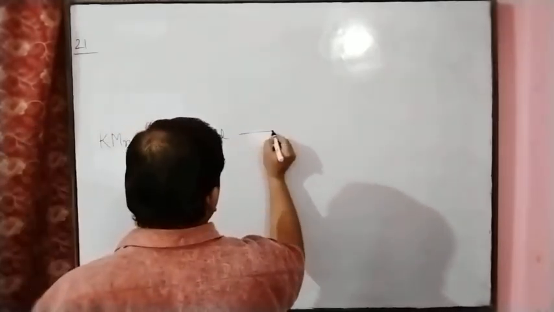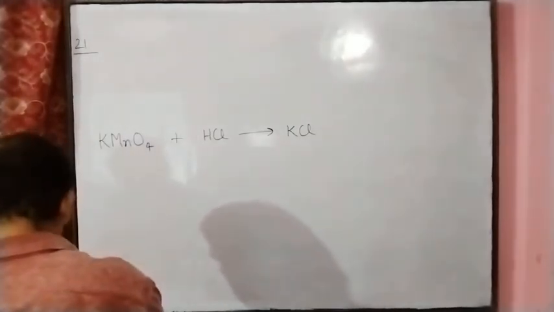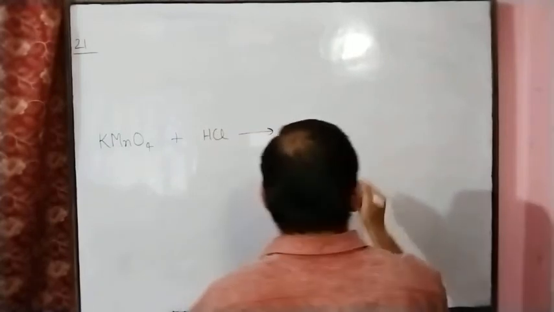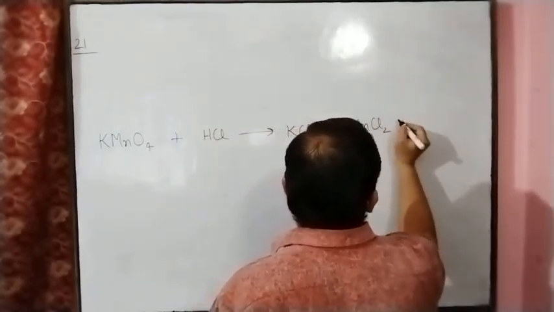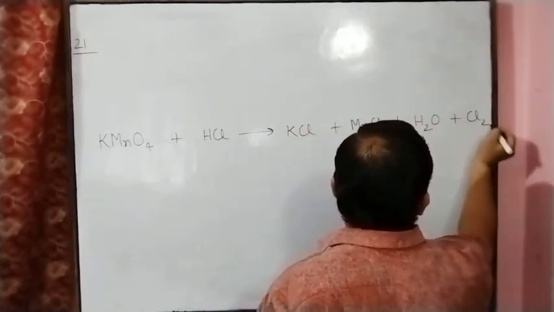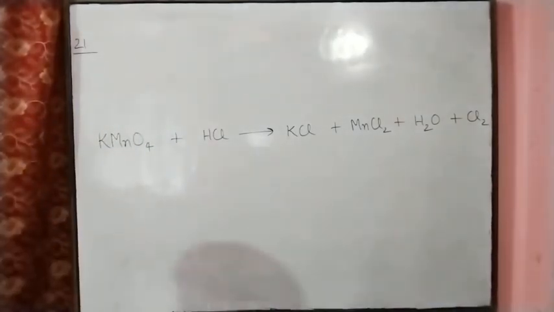This gives potassium chloride KCl, MnCl2 manganese chloride, water and chlorine gas. So here in this example we can see KMnO4 reacts with hydrochloric acid, gives potassium chloride, then manganese chloride, water, chlorine gas.